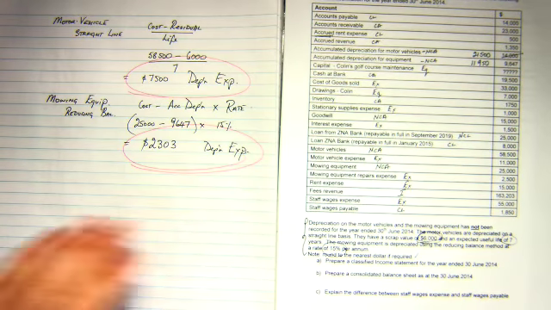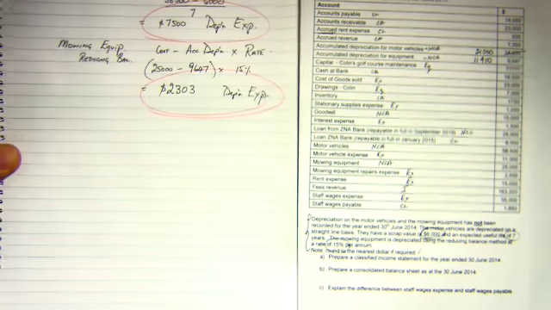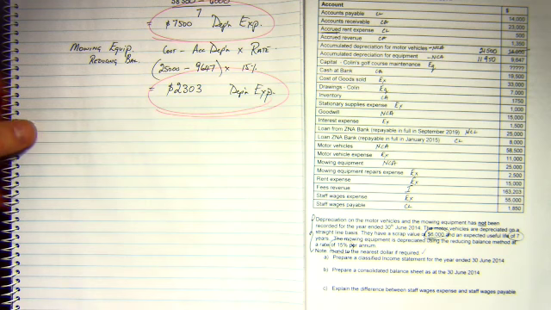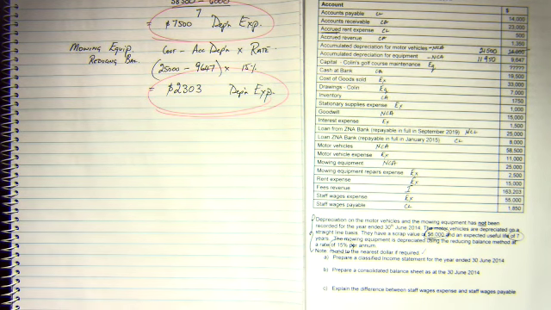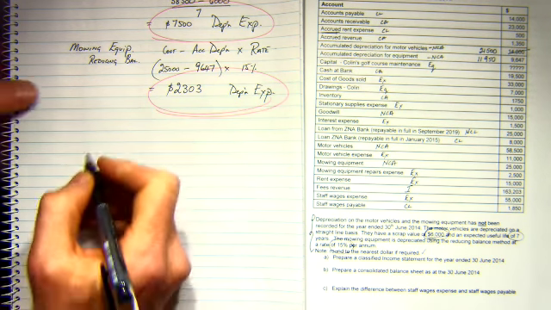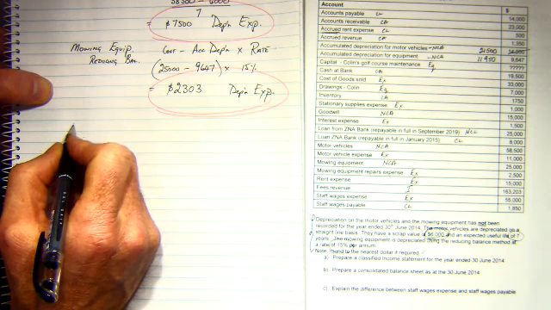So now I can start my income statement. Hopefully I'll be able to fit all this on the last page. So my income statement, what's the next thing I need to do? Title, yep.